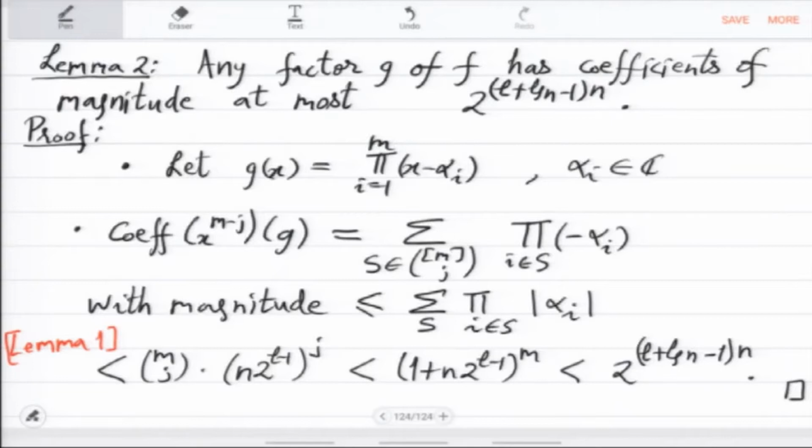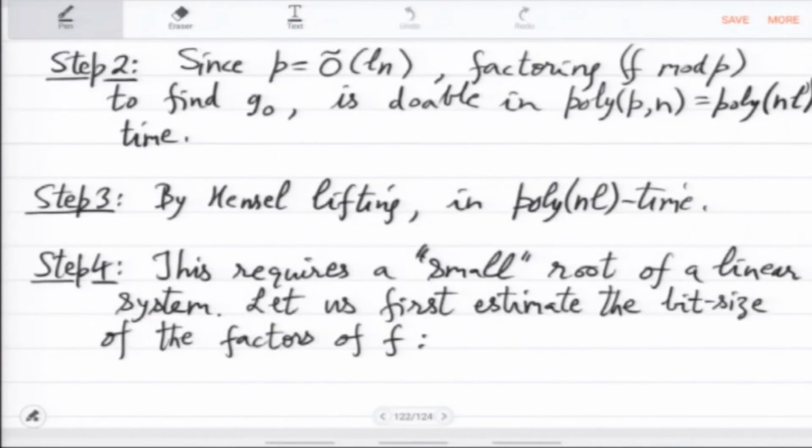Okay. So ultimately what we have is, once you bound the bit sizes of the coefficients and the degree of the input polynomial, once you know its bit representation size, you also know an upper bound on the bit size of the factors. You have a decent upper bound on that as well. So that finishes the analysis for step 4.